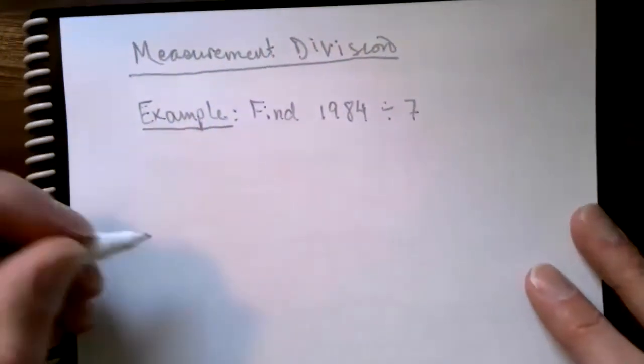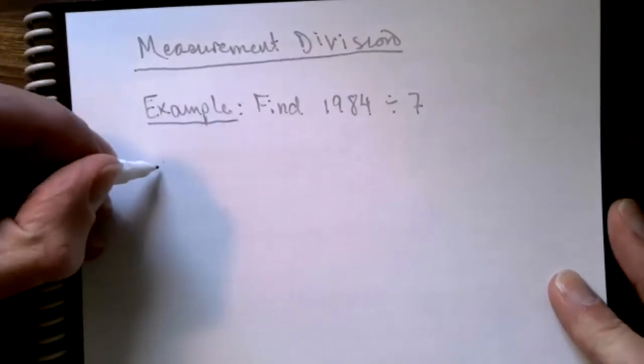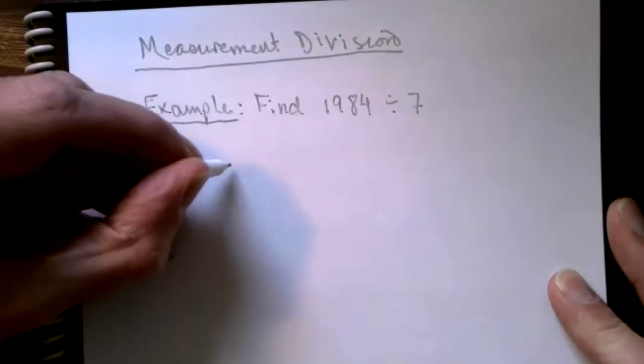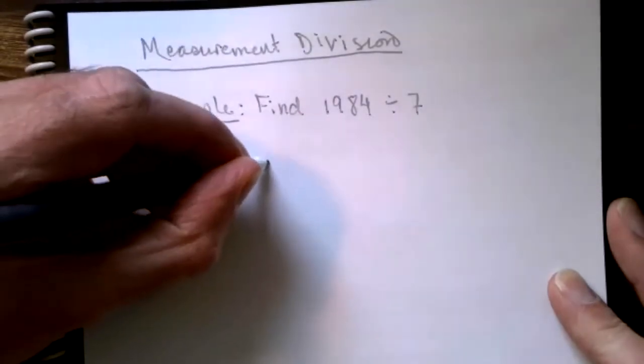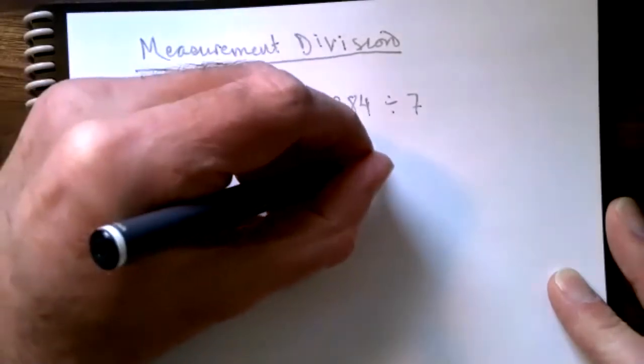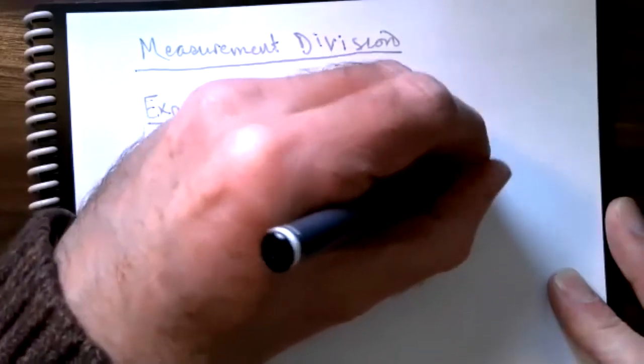The idea that we're thinking about is how many 7s are there in this big number?